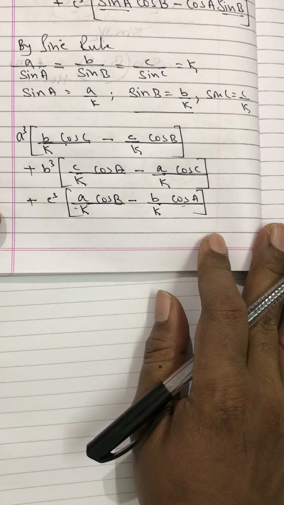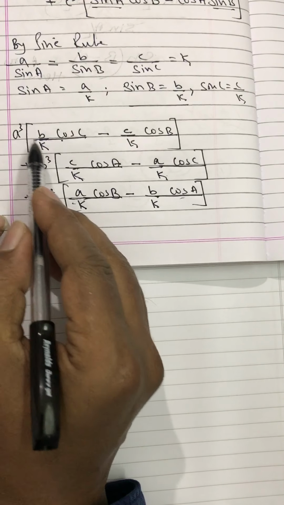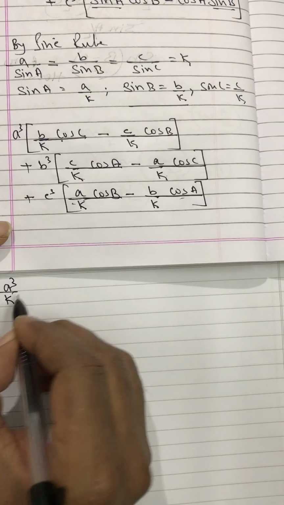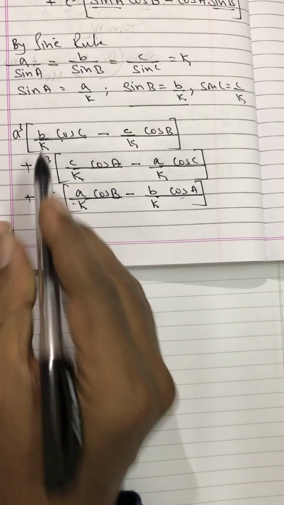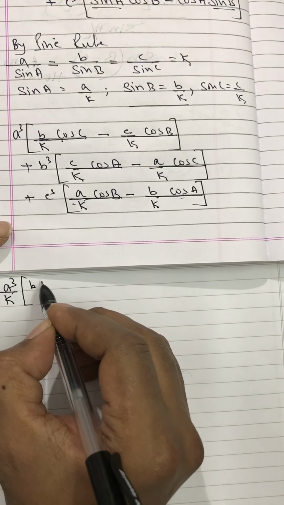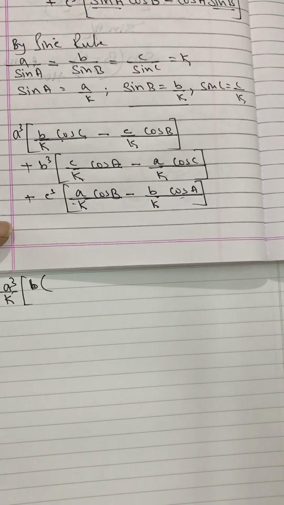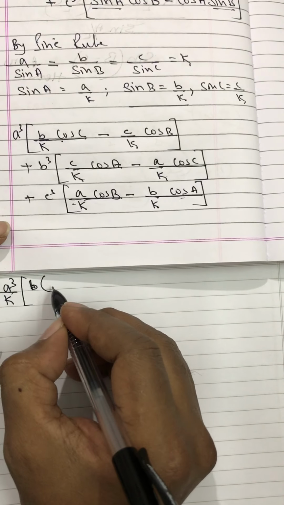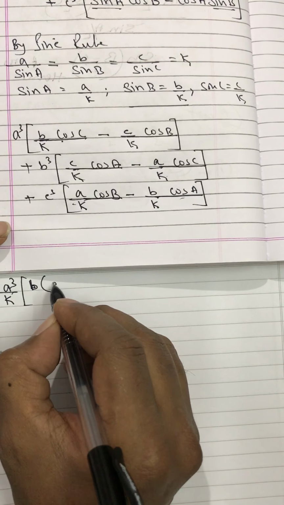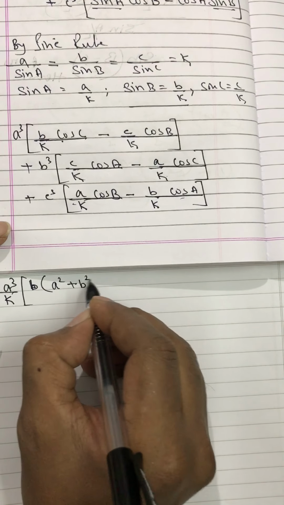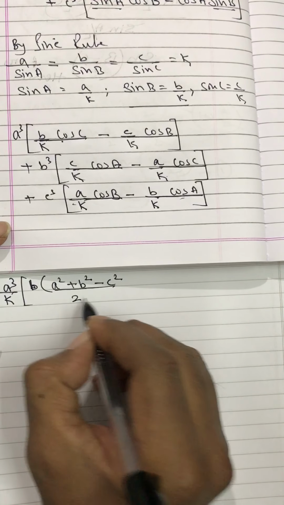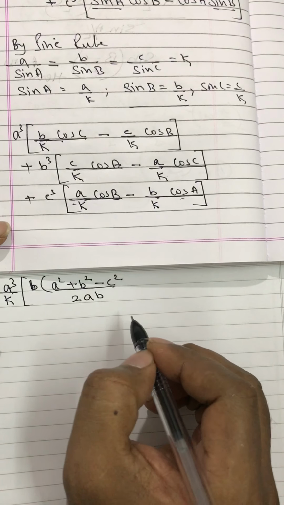Now K will go outside. A cube upon K, B will be there as it is, and in place of cos C I write the formula: cos C is equal to A square plus B square minus C square upon 2AB.